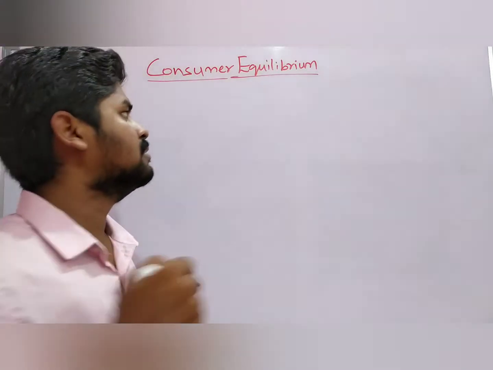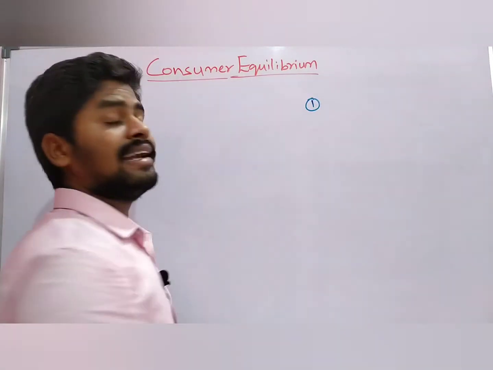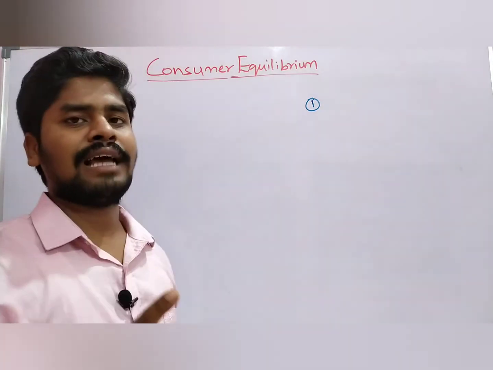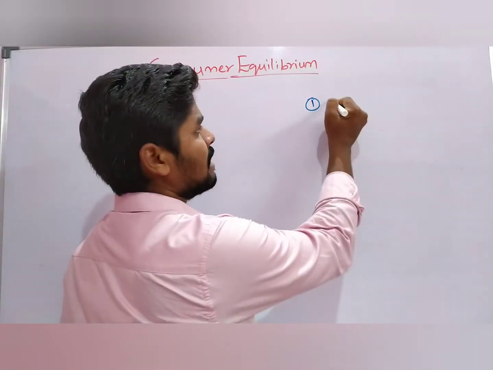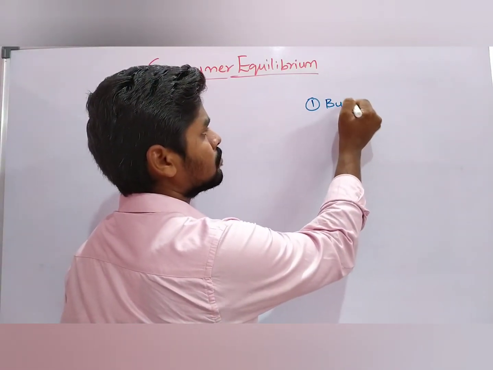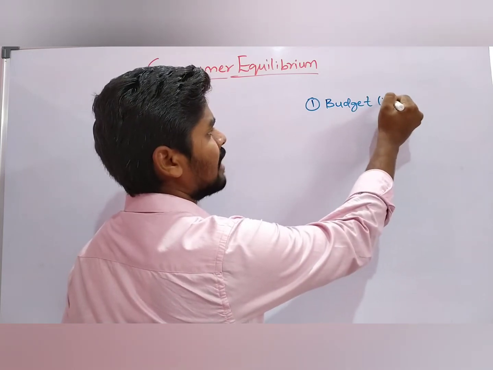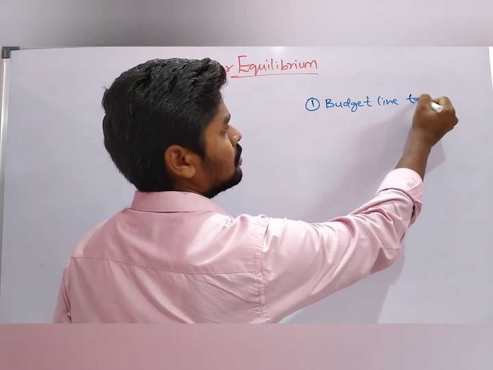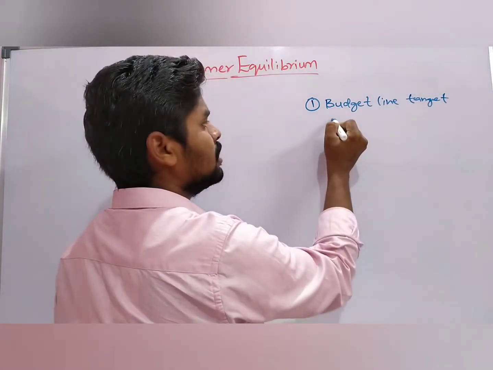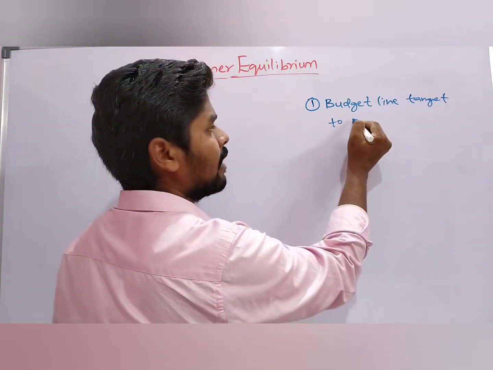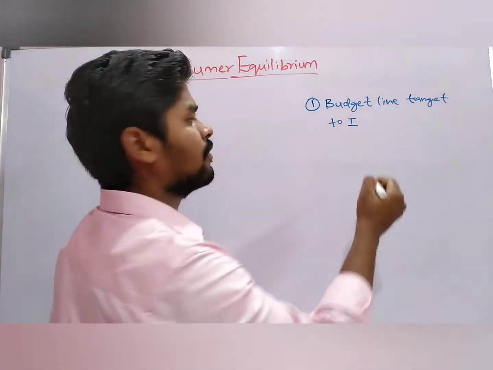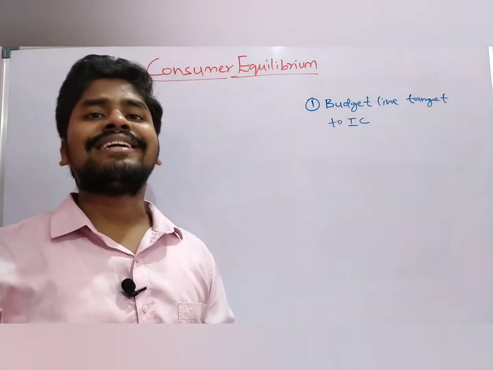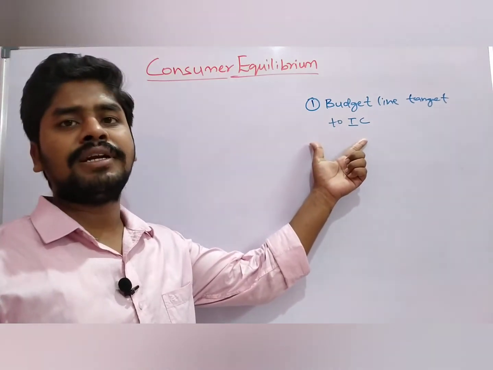First, at the equilibrium stage, the budget line or price line should be tangent to the IC curve, meaning the indifference curve, at any point. So that is the first condition to be satisfied.